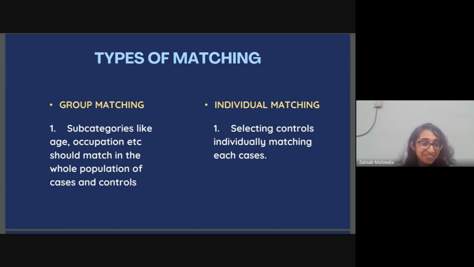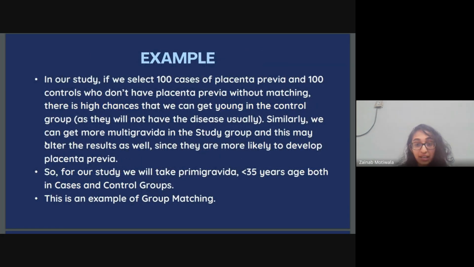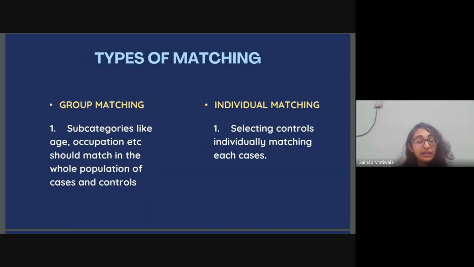Group. Wonderful. This is the right answer, group matching. That is primarily because it is easier to match age and match populations as compared to individual matching. Sometimes with individual matching, we match each and every characteristic and criterion, and that may not even influence the disease outcome.